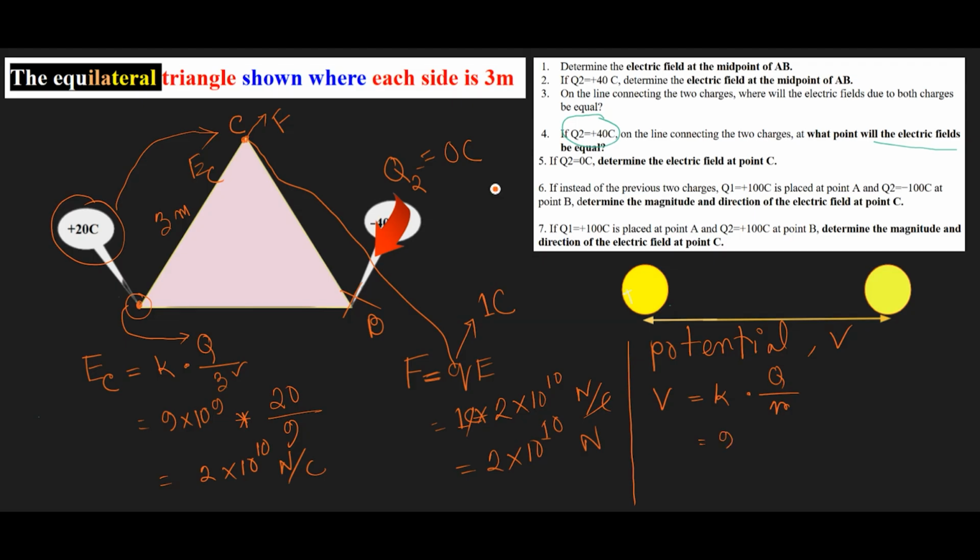So this is 9 into 10 to the power 9 times charge 20 coulomb and distance 3. In that case, we'll find 6 into 10 to the power 9 volt.